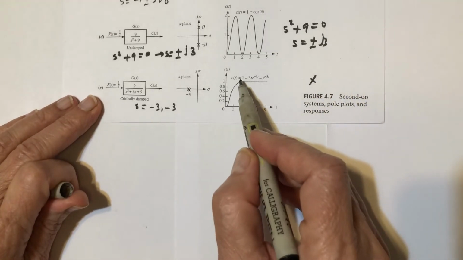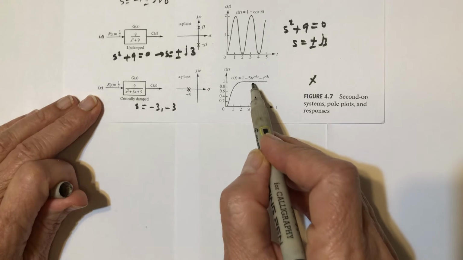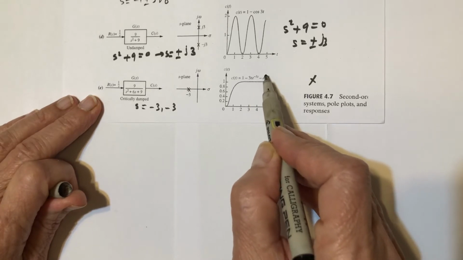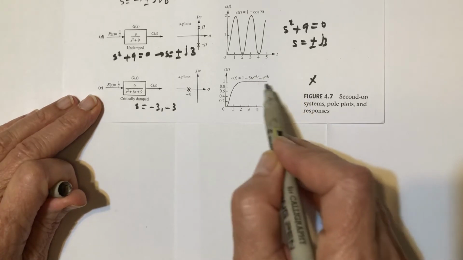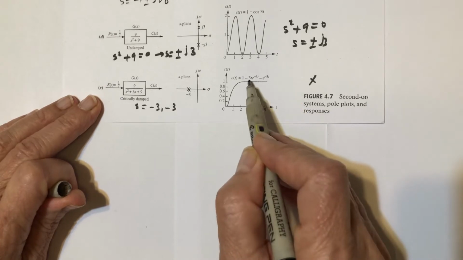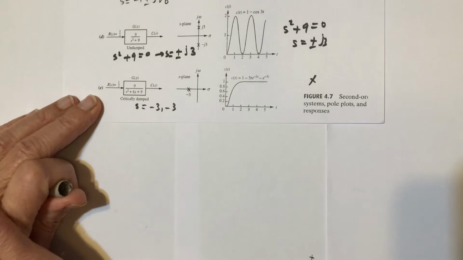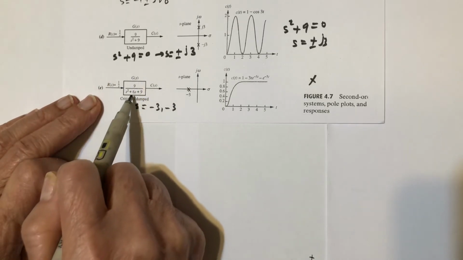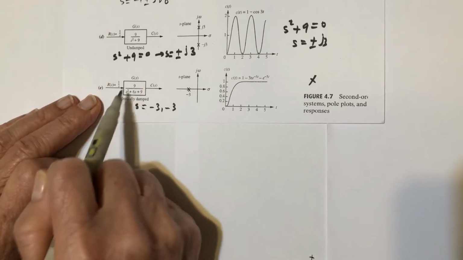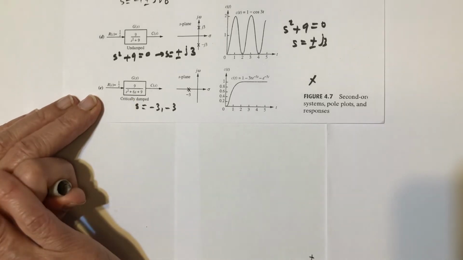This will have 1 minus 3t e to minus 3t minus e to minus 3t. So they are both e to minus 3t, but this one we multiply by t so that it will satisfy the differential equation that this system originated from. You remember, all of those originate from a differential equation.